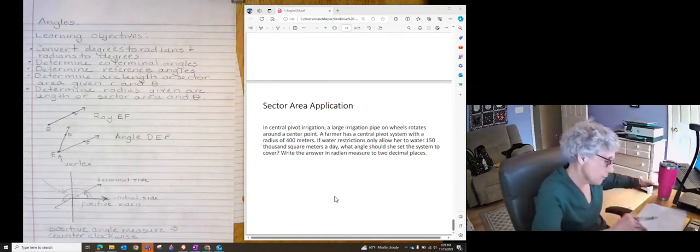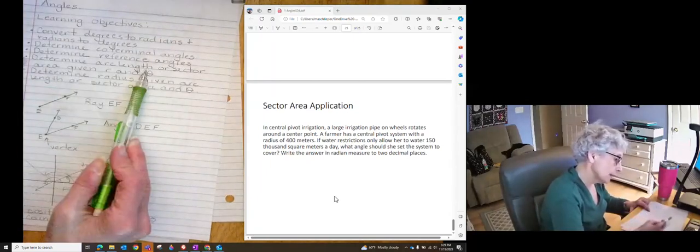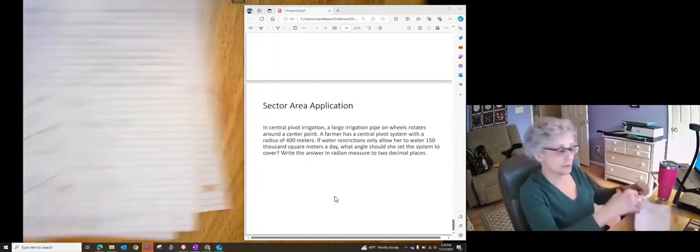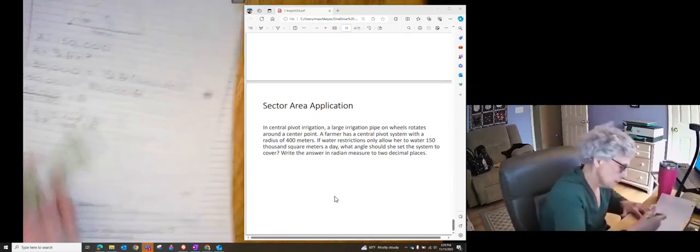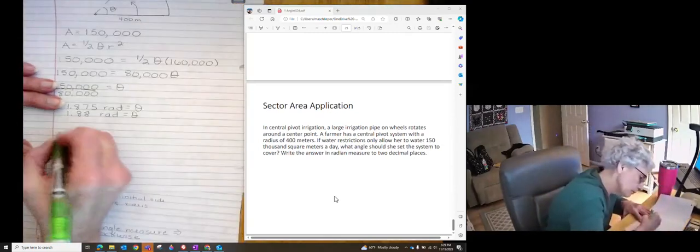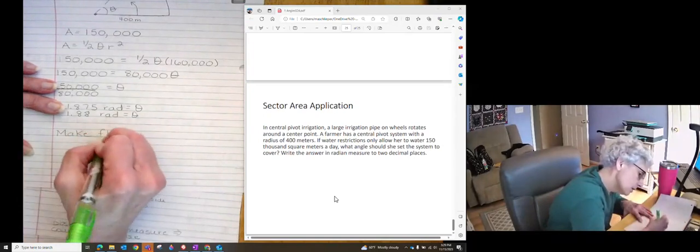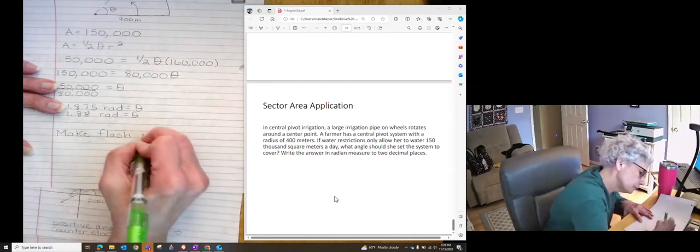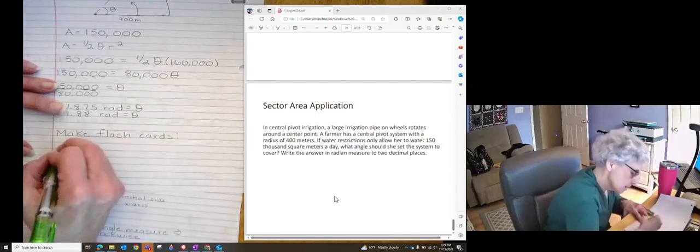You want to have your formula for arc length and your formula for sector area on a flashcard. So I'll just make us a little note down here. Make flashcards for conversions.